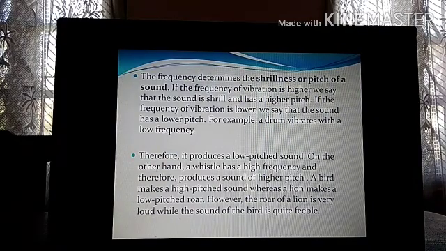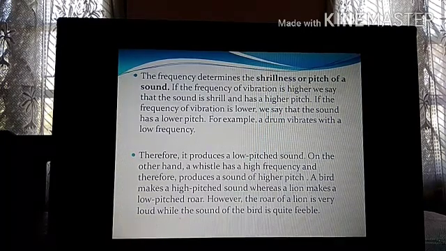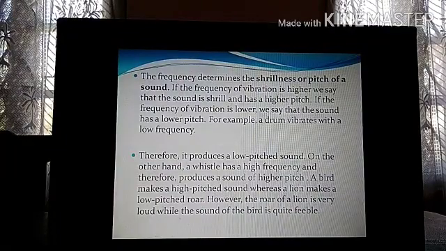But when a drum is beating, your ear doesn't hurt that much because the sound is of a lower pitch. Therefore, it produces a low pitch sound. On the other hand, a whistle has high frequency and therefore produces a sound of a higher pitch. Remember, if frequency is more, pitch is more. The number of vibrations per second is called frequency. If that is more, then the pitch is more.